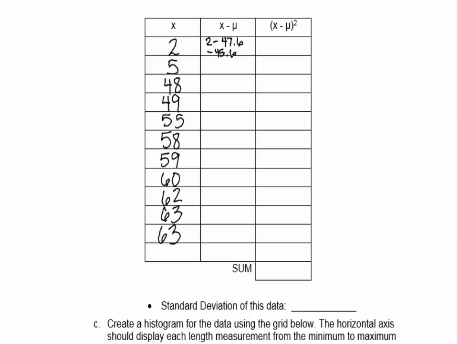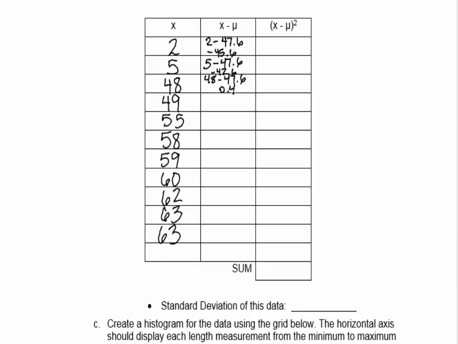The next one, we'll take our data point 5, subtract our mean, 47.6, and you get negative 42.6. And you're going to keep doing that all the way down. 48 minus 47.6, which is 0.4.